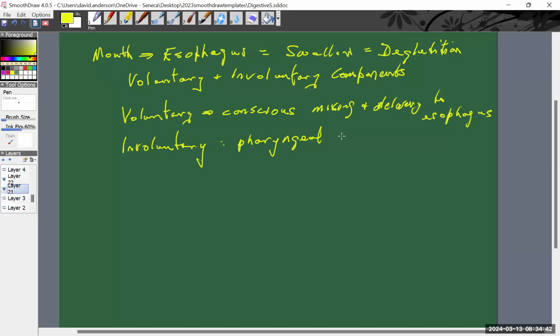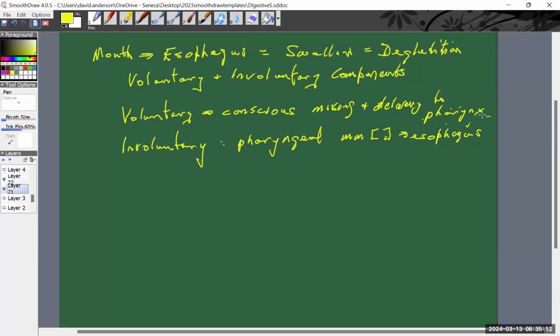Okay, so we're going to have muscle contraction. Muscle contraction of pharyngeal muscles to the esophagus. So what we can do is, just to clarify here, let's just put this to the pharynx, just so we don't get mixed up.